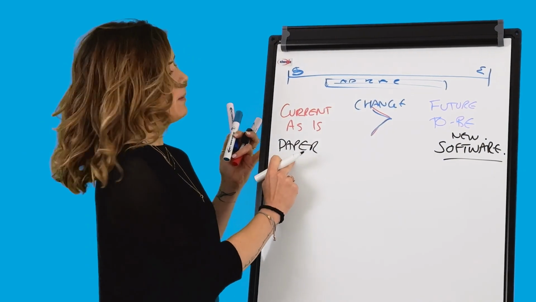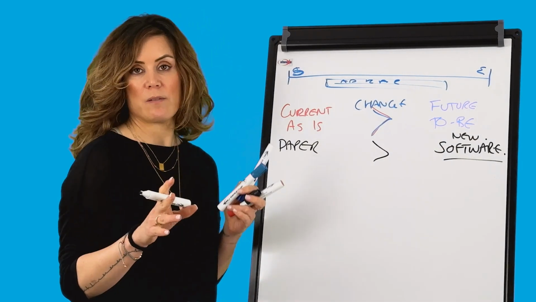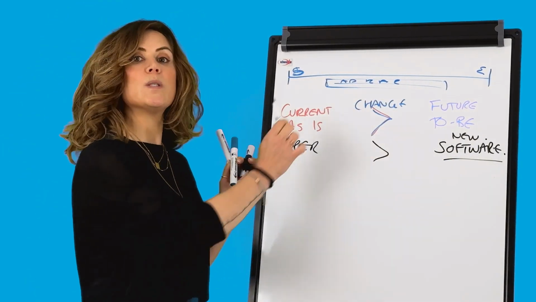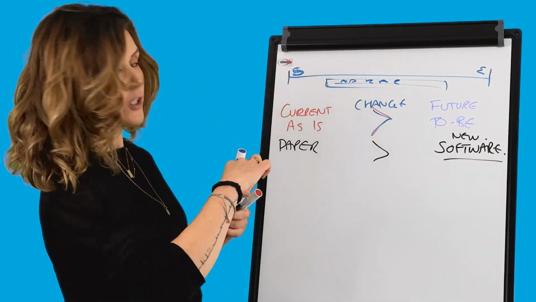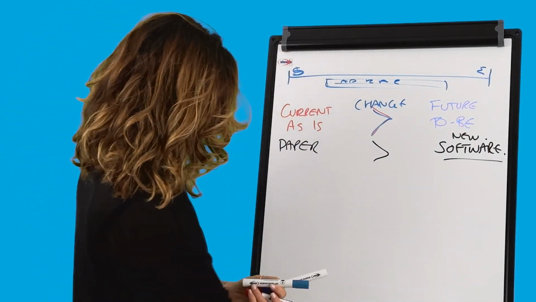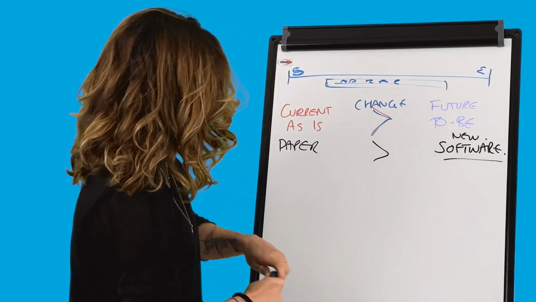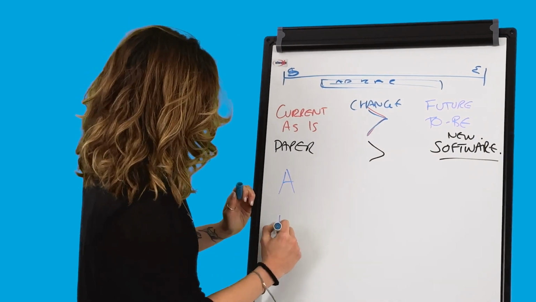They're doing something on paper, they will go through a change, and then they will have a new piece of software at the end. This transition is going to be massive for the people that are going through that change. Therefore, you need to support them. And one of the ways that you can support them is to use the really good example of ADKAR.